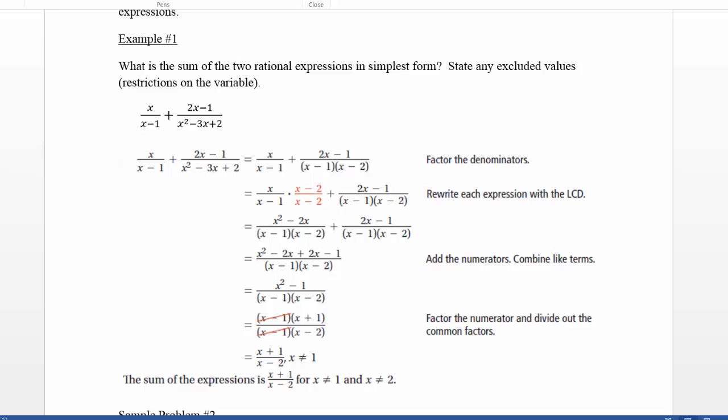Now, if you look at the final answer, x plus 1 over x minus 2, we see that x cannot equal 1 as an excluded value.